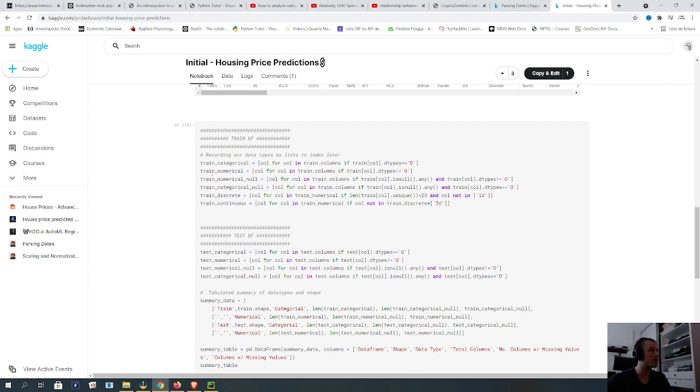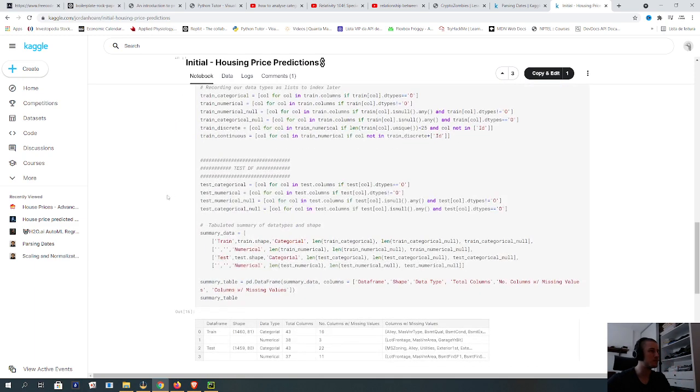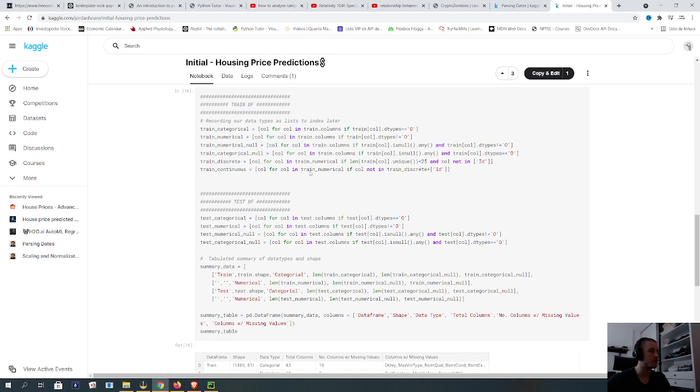So these guys separated everything previously, categorical and numerical, and the new values of each one.